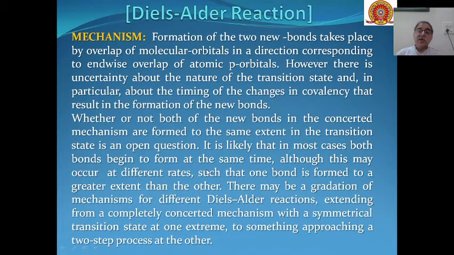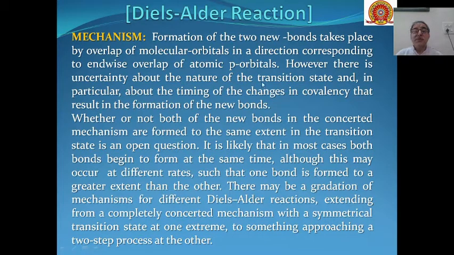Then the mechanism of the Diels-Alder reaction: the formation of two new bonds takes place by overlap of molecular orbitals in a direction corresponding to endwise overlap of atomic p orbitals, as I have shown in the previous slide also.